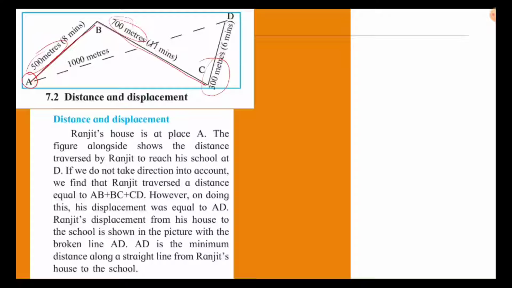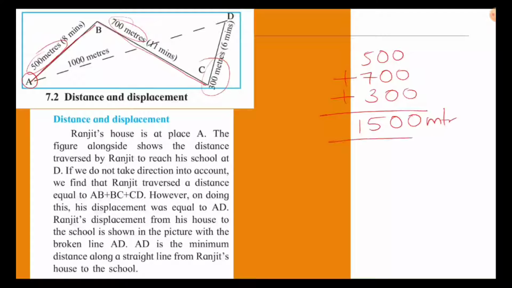So when we add it, we are traveling 500 plus 700 plus 300 meters. So we are in total moving 1500 meters.